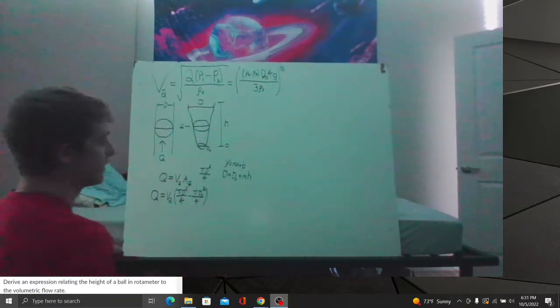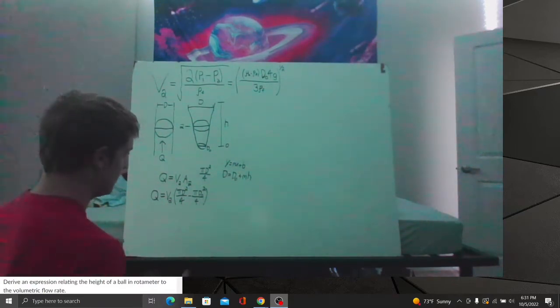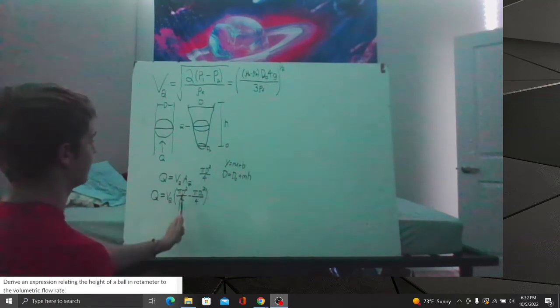Now what we can do is square both sides of this equation, because again our end goal is to plug this in for d squared here.